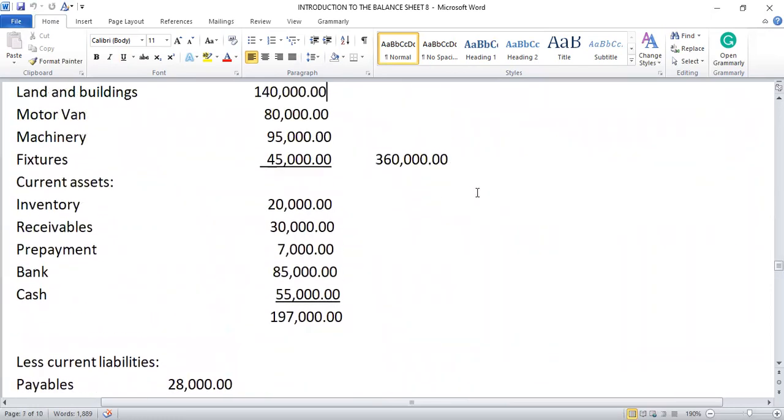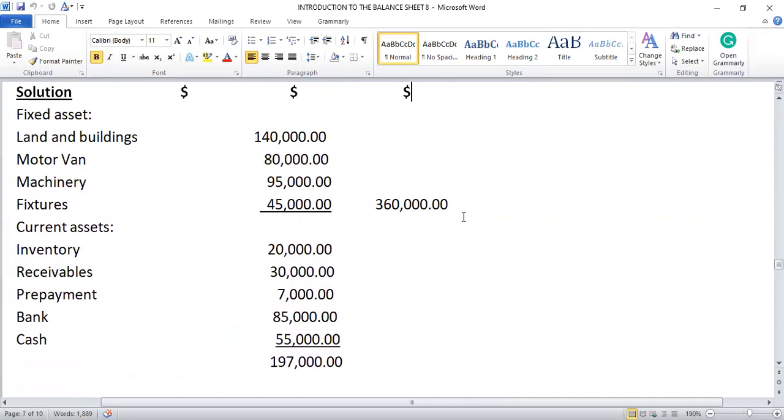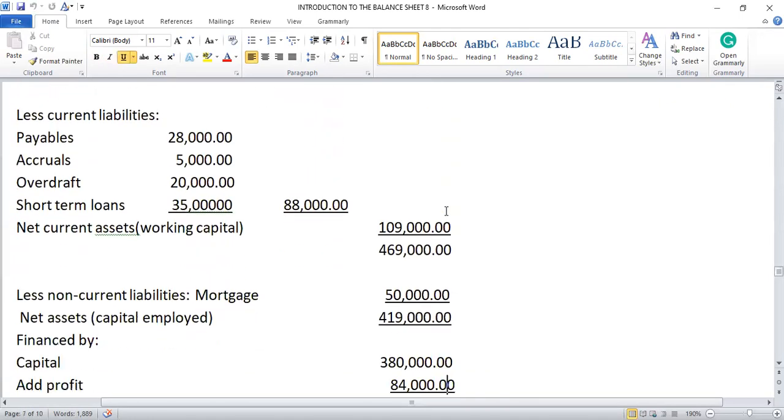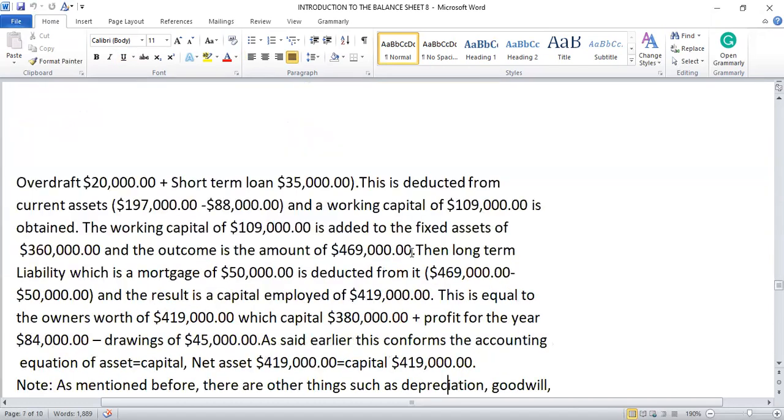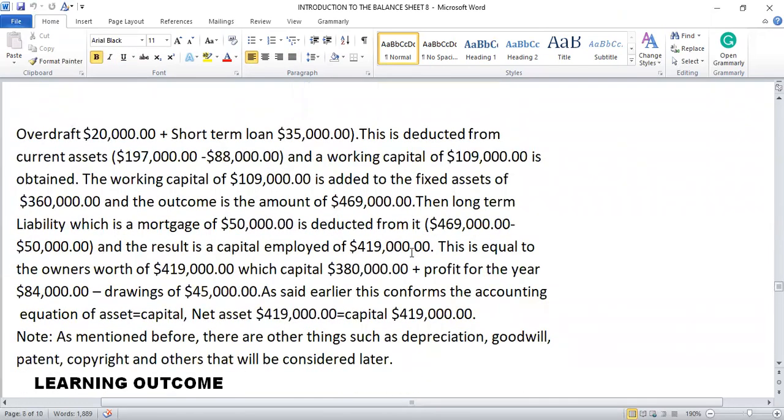So these are total fixed assets of $360,000. We add it to our working capital, $109,000, and we get $469,000. So that's the amount. The long-term liability, which is the mortgage of $50,000, is deducted from it.